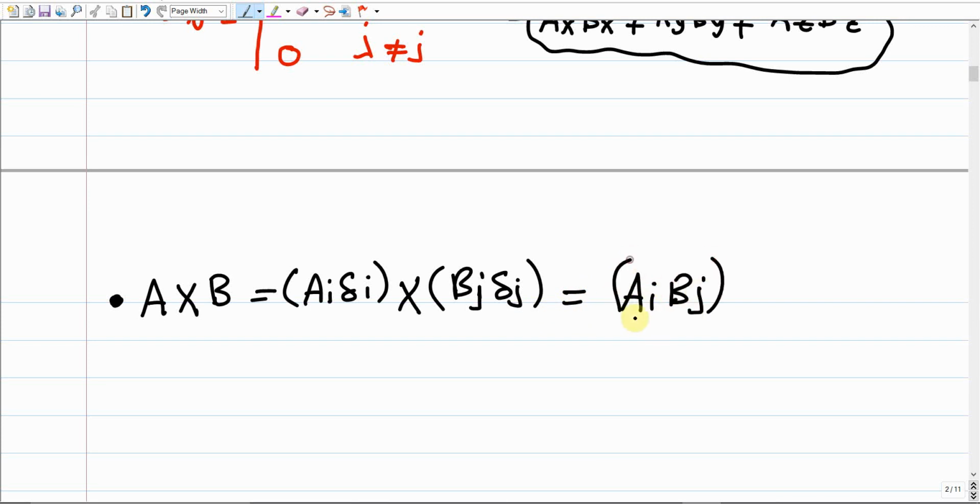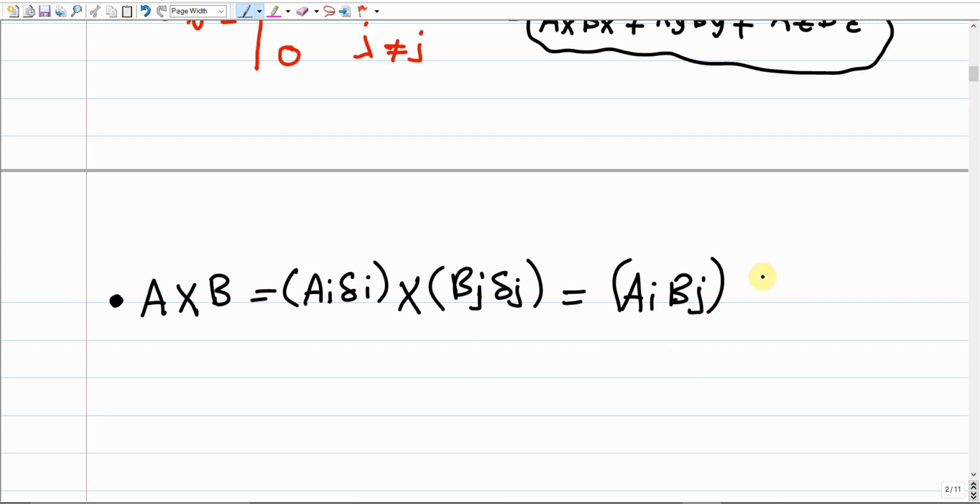We said that for this case, the components should be multiplied together, no worries, A_i times B_j, and it doesn't matter which one comes first. That is fine if we said B_j A_i, it's still the same. Like 2 times 5 equals 5 times 2, it doesn't matter.